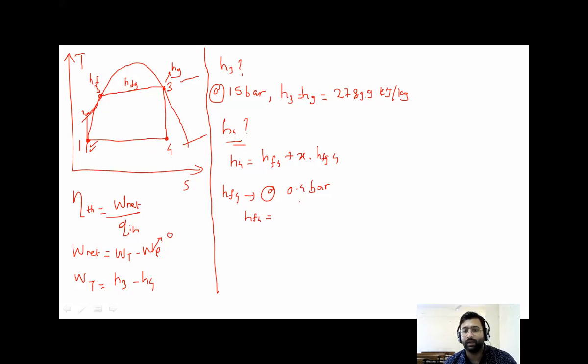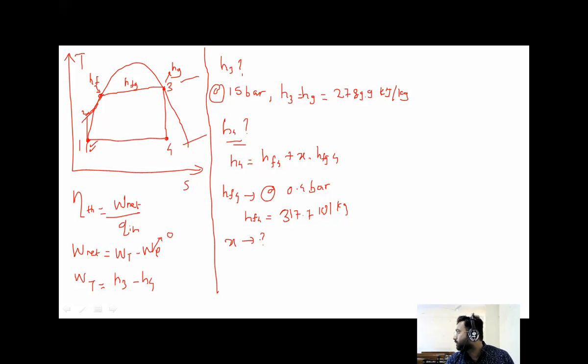So go to the steam table, go to 0.4 bar and check for the enthalpy of saturated liquid, HF. Kilojoule per kg. Right?